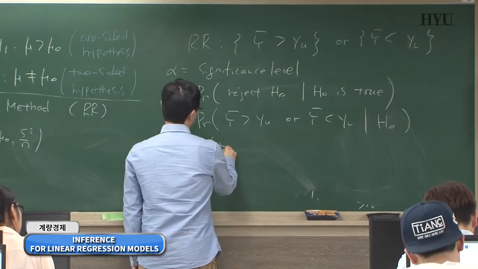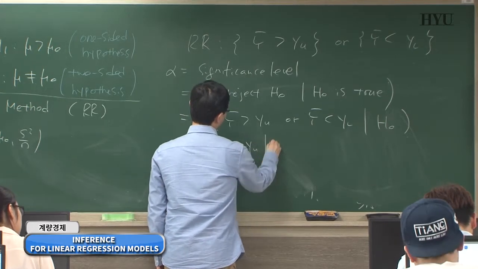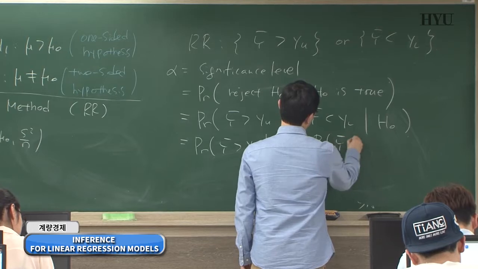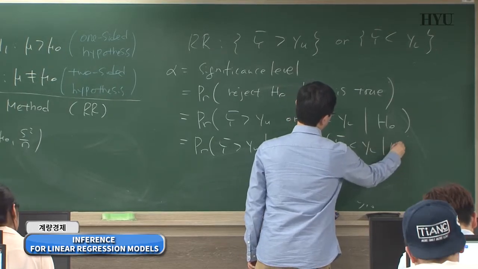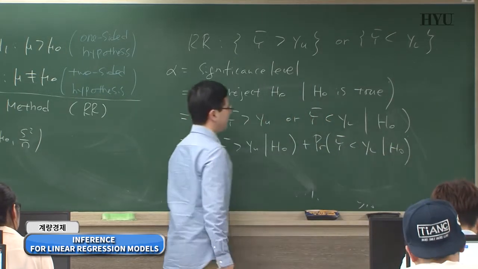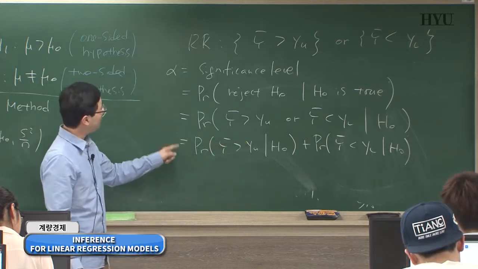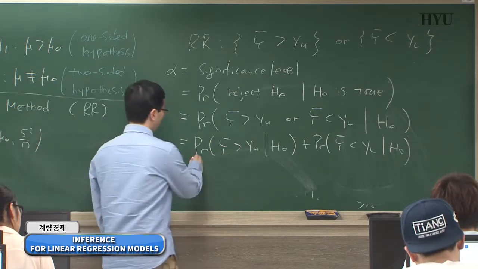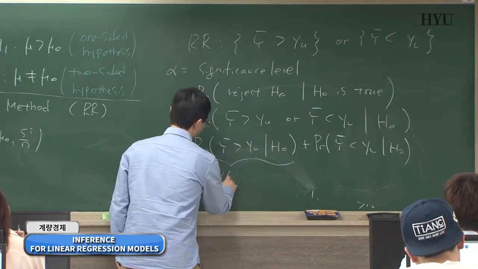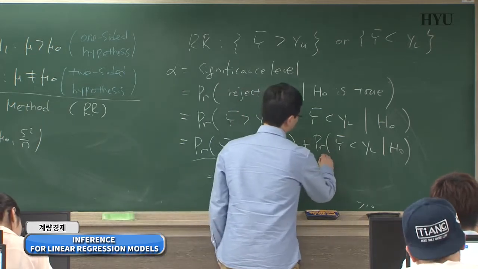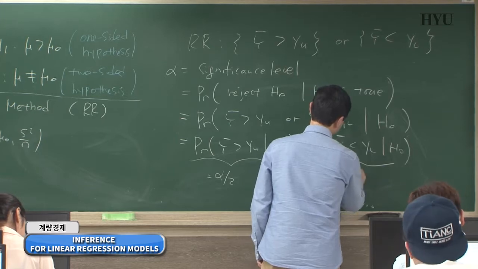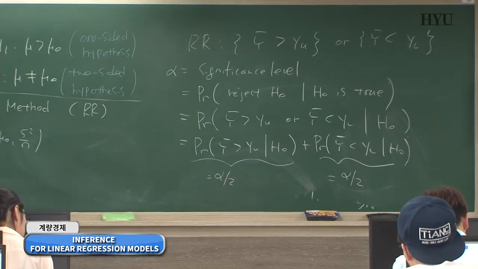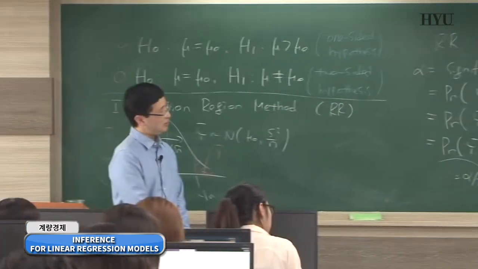There's no overlap, so you can separate them. The sum of these two probabilities must be equal to alpha, right? So isn't it reasonable to give half of alpha over here and half over here? Do you think that's reasonable? So we assign the same probability on the left-hand side and right-hand side.